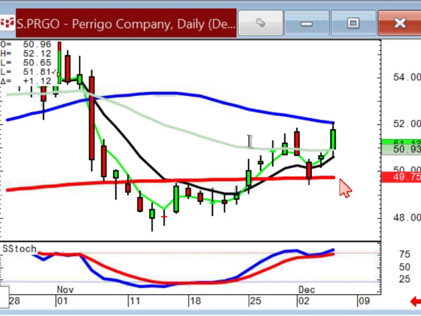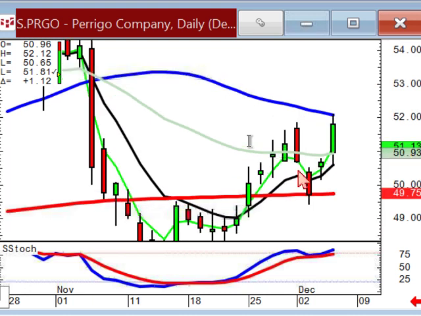Now we've got a J-hook pattern on Prego. And this is one of our strongest reversal signals. This is what we call a bullish flutter kicker signal. Notice that it opened here and closed here. The next day, meaning yesterday, it opened above where it opened the previous day and traded higher, but it did a Doji day.